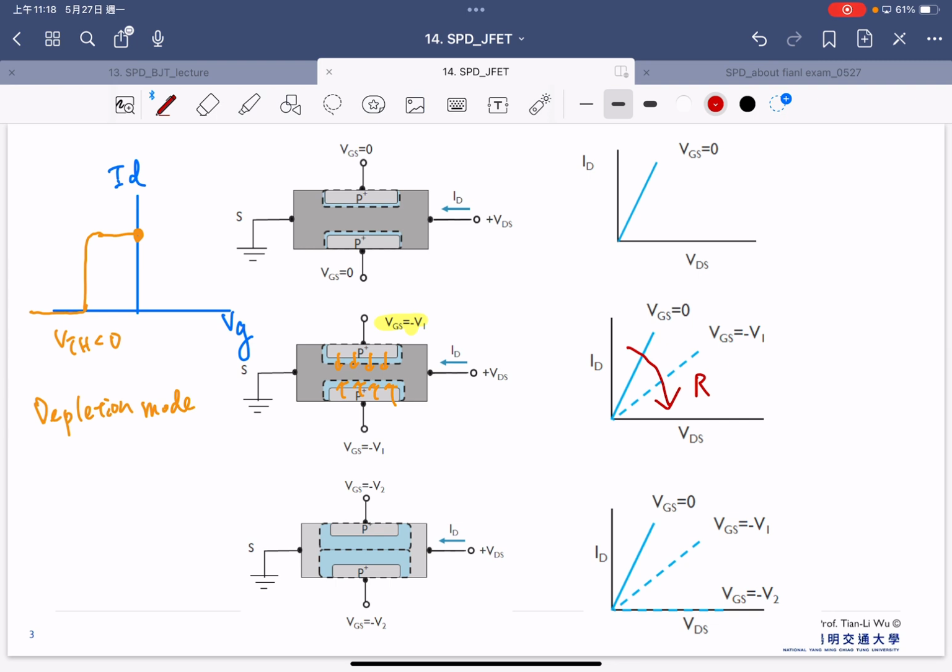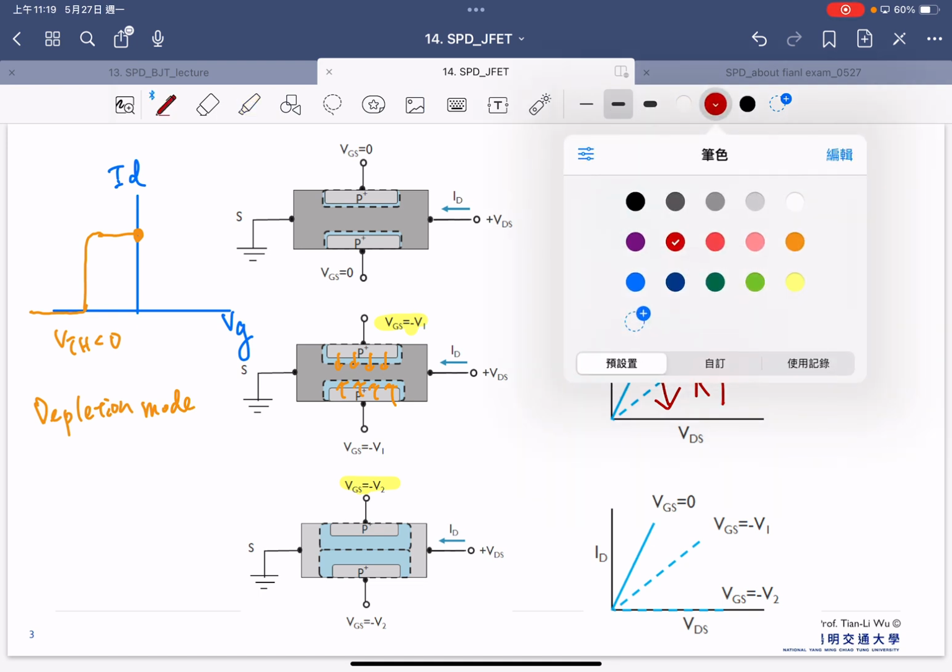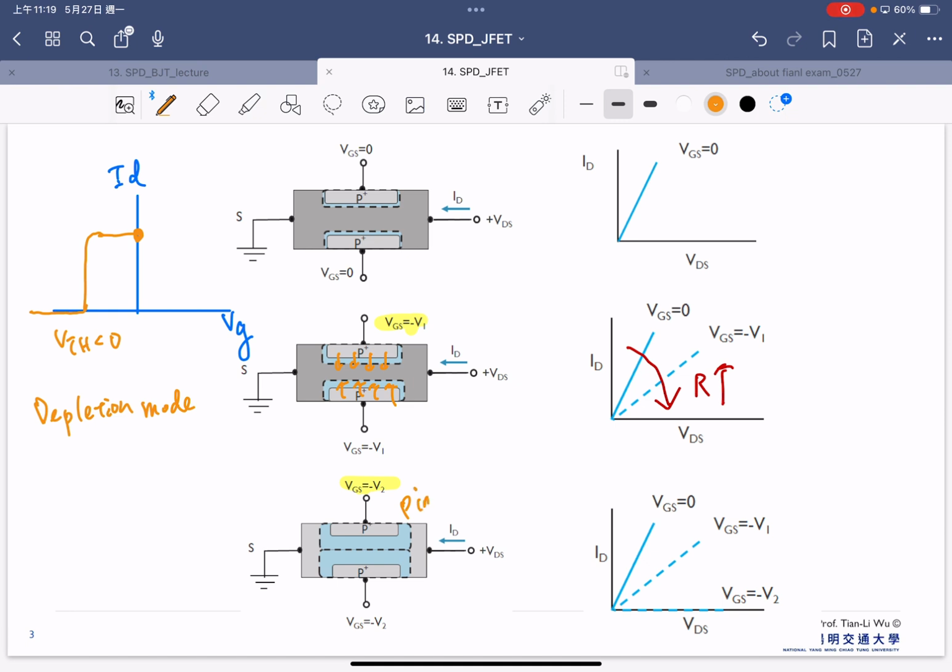Your current decreases, that means your resistance is increased here. In the end, after a certain moment, your VGS is smaller than your threshold voltage. So now you completely pinch off the channel. So now we won't have any current anymore, right? So that's VGS equal to minus V2.